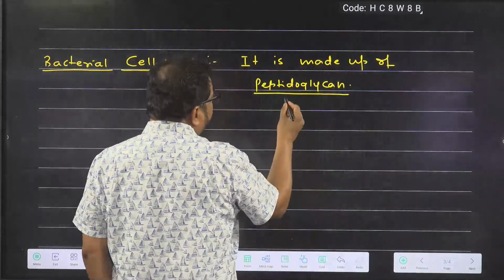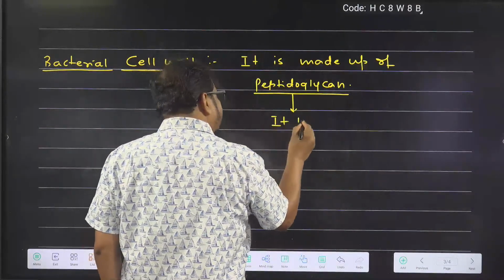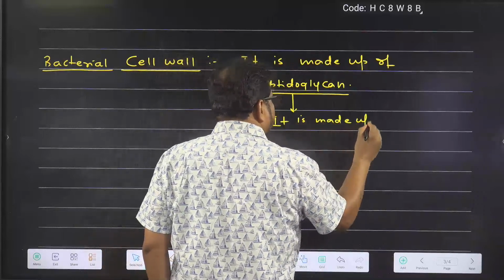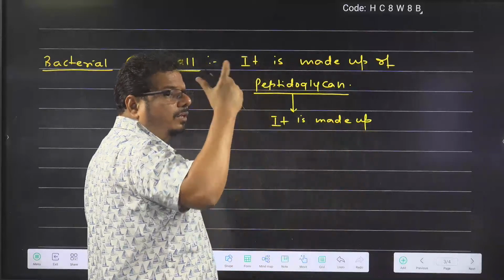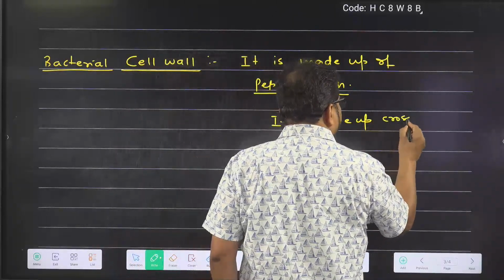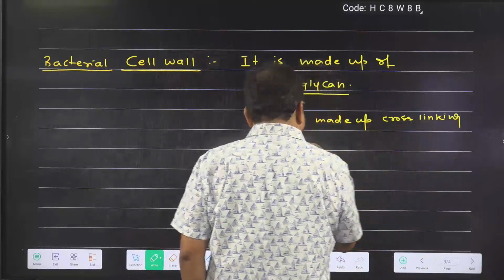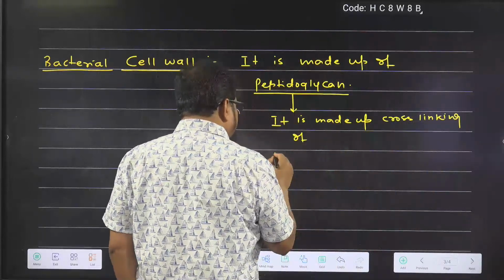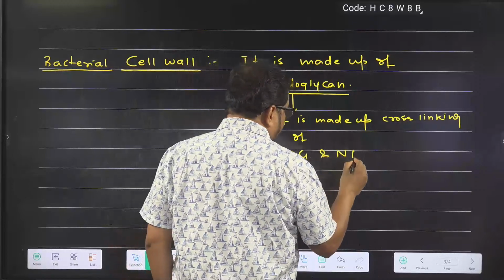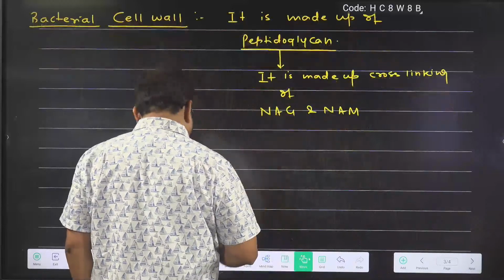And if we talk about peptidoglycan, of course, there are many things in your mind. Now you are asking, what is peptidoglycan? It is made up of cross-linking of NAG and NAM. Got the idea? Cross-linking of NAG and NAM.